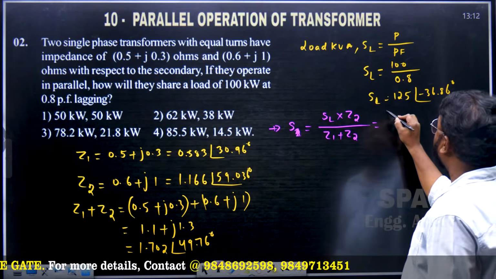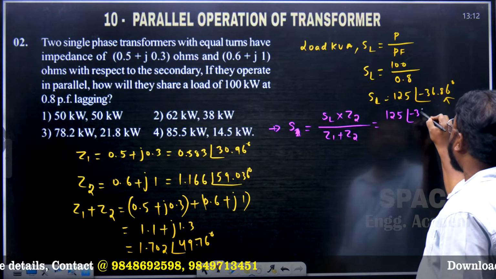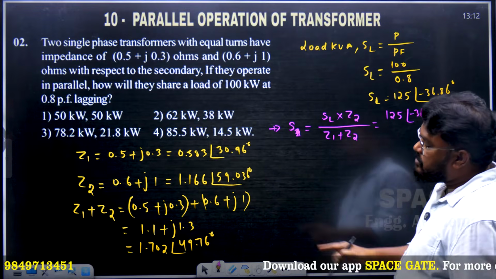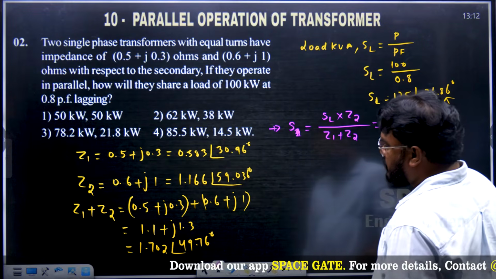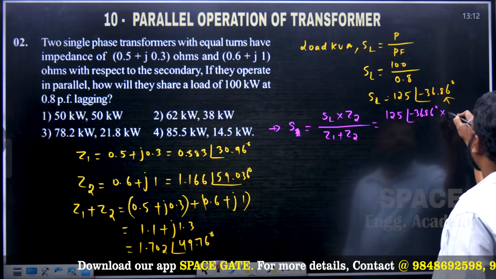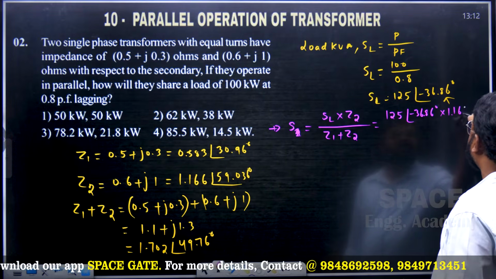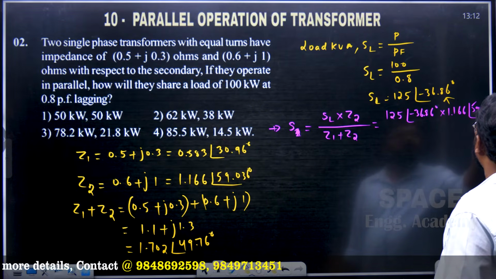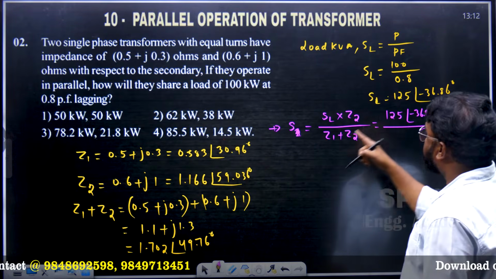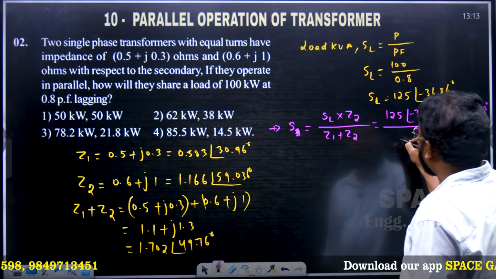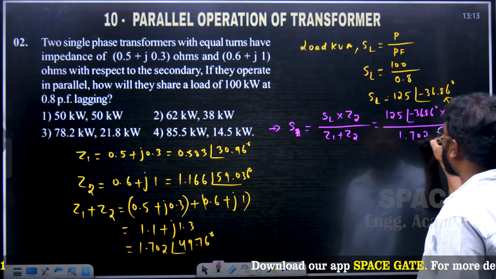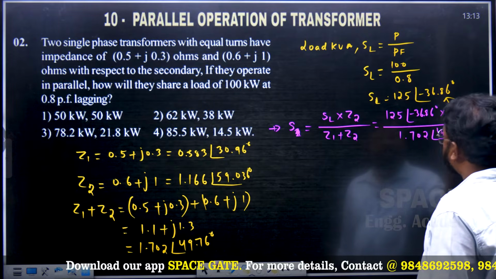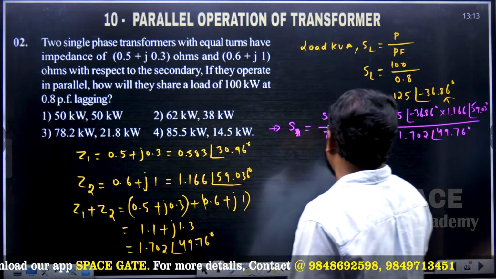Let's substitute the SL value: 125 at an angle of minus 36.86 degrees, multiplied by Z2, which is 1.166 at an angle of 59.036 degrees, divided by Z1 plus Z2, which in polar form is 1.702 at an angle of 49.76 degrees.